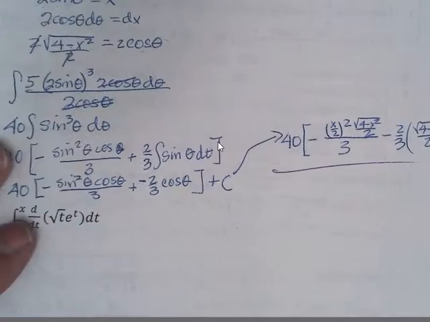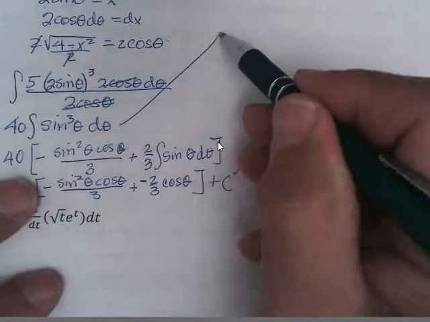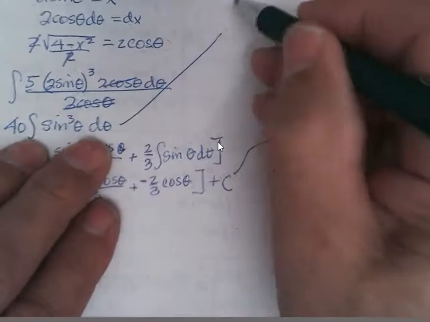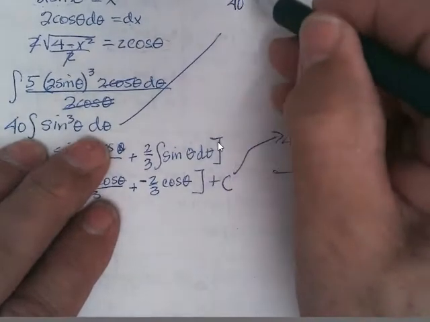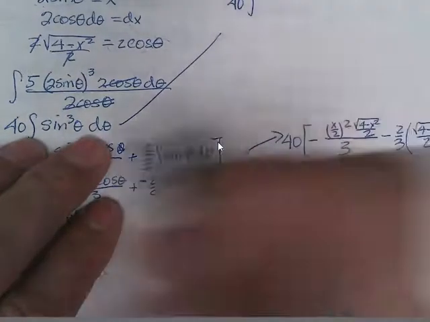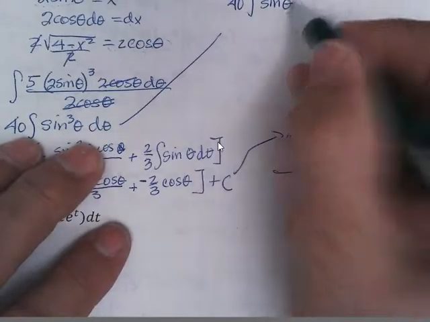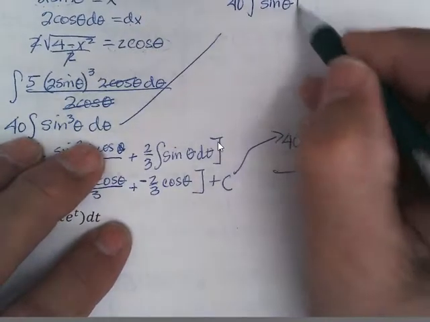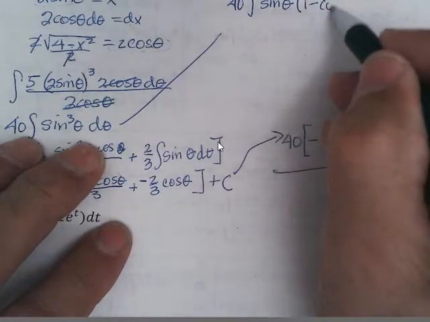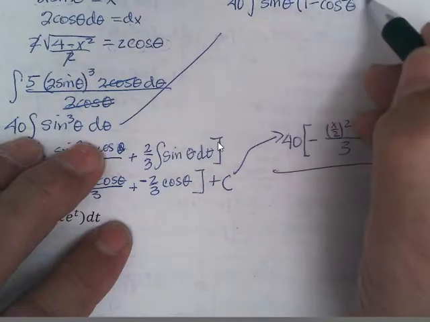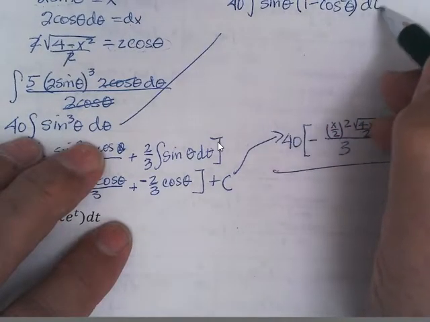Now, I could do this one with substitution. I could say it's 40 times the integral. I could think of this as the sine of theta times the sine squared, which is 1 minus cosine squared theta, d theta.